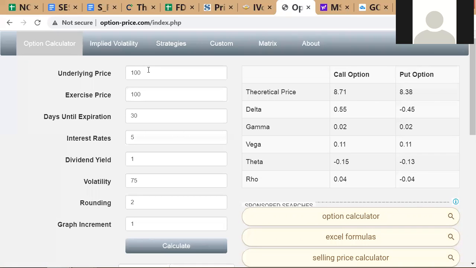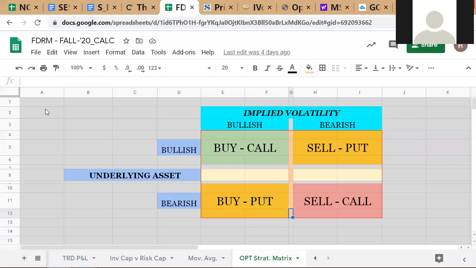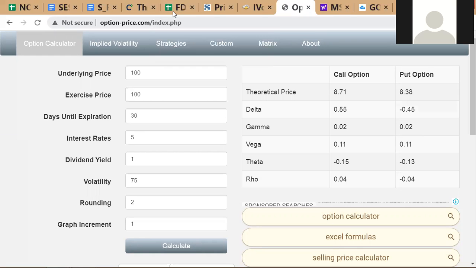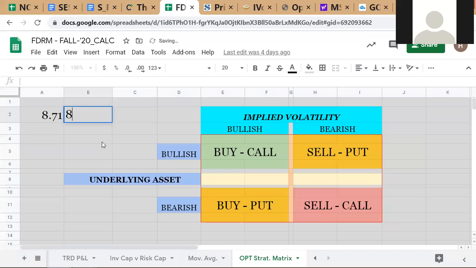If you have a bearish view on the underlying and a bearish view on the eyeball, one option is to sell the put. Maybe we should take a note of this. We can keep a note of this here: 871, 838. We'll do it here, then we'll move it later on.